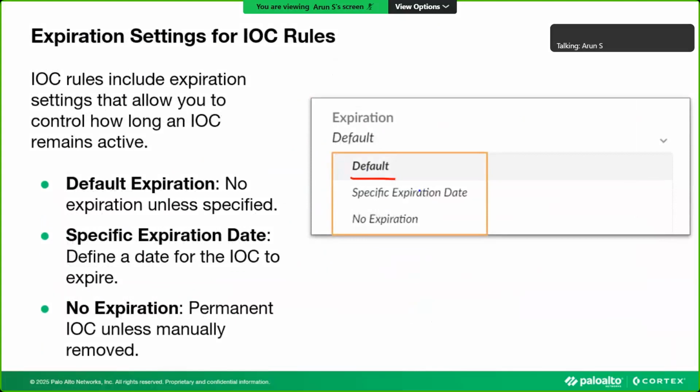Then specific expiration date means you are defining the date for the IOC rule to expire. No expiration date means it will always be active until I manually come and remove it, or else it will be permanently available. So these are the expiration options.